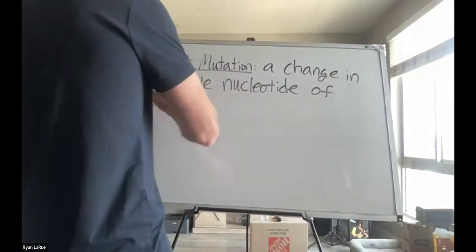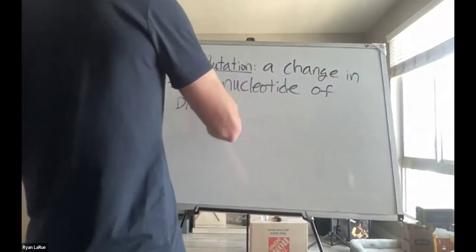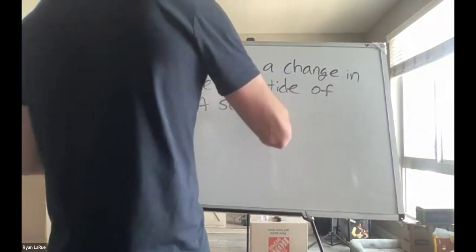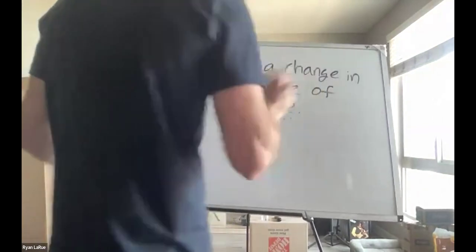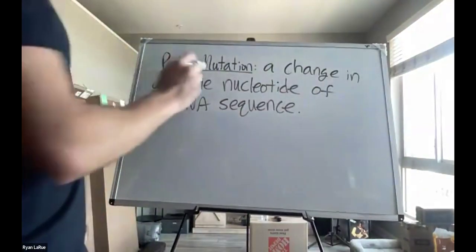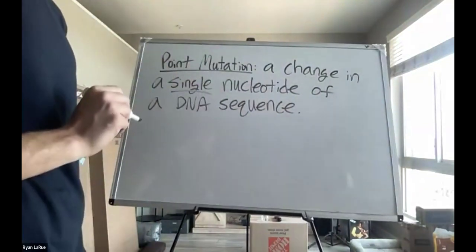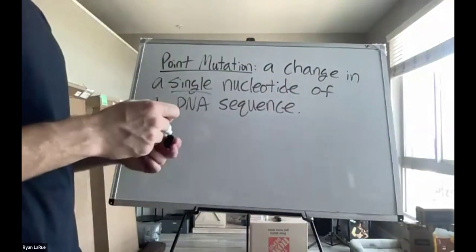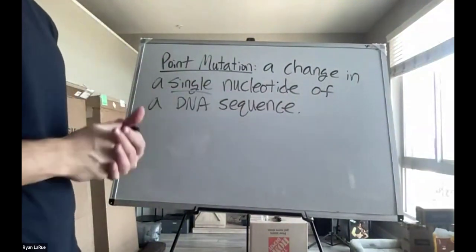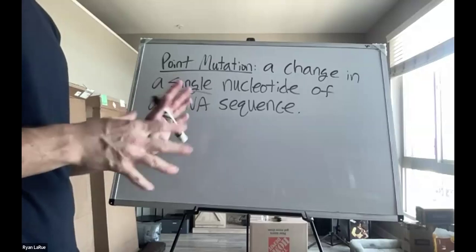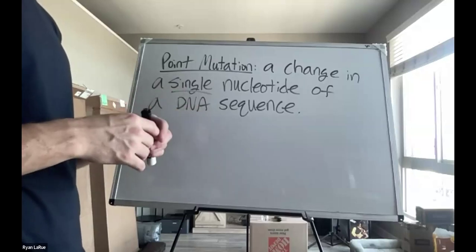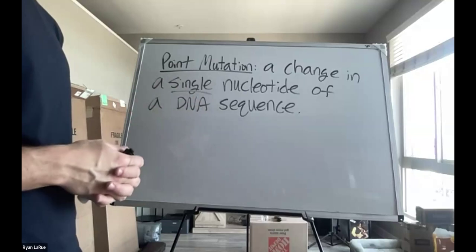Hence why it's a point. It's just one nucleotide that's going to change. And by that, I mean, really, it's the base. So it's like an A to a C or an A to a T or a T to a G, whatever it is, it's going to change.